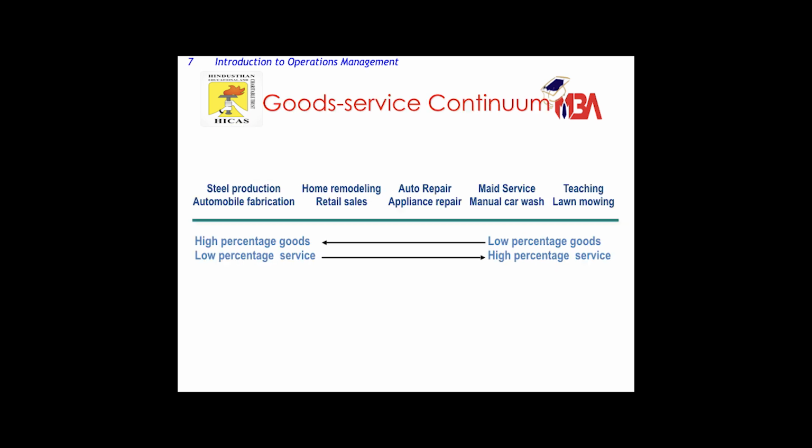Okay, now let us look at what is the difference between products and services. When you look at this particular slide, you will be able to understand that a number of activities have been listed. Steel production, it is the manufacturing of steel. Automobile fabrication, manufacturing of automobile component parts.